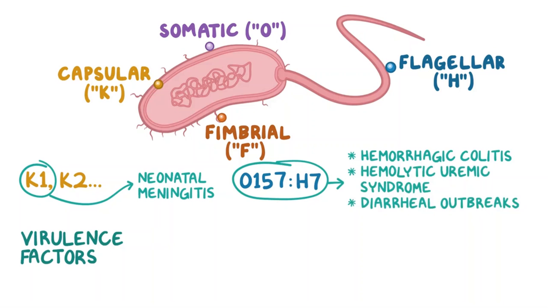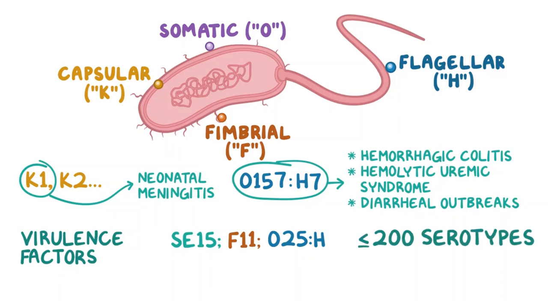Other E. coli serotypes include E. coli SE15, E. coli F11, E. coli O25H, and so on. But in fact, these serotypes are so numerous and they can go up to 200 serotypes.